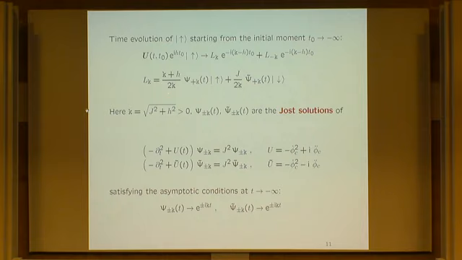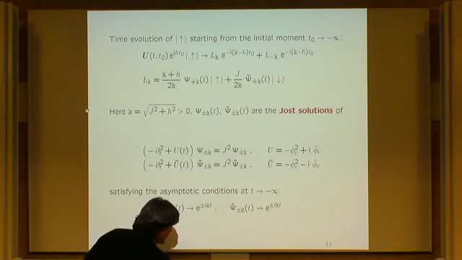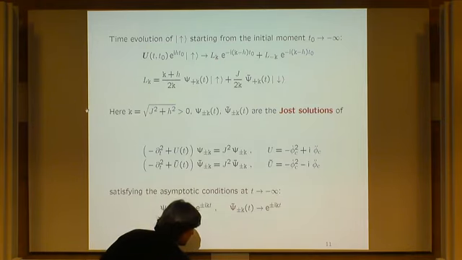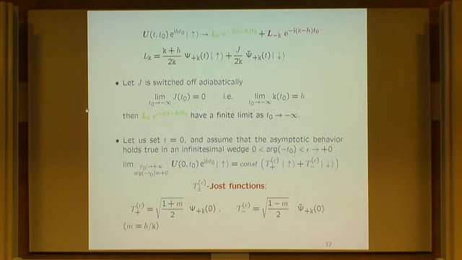What's really important, I should emphasize, is that this potential is not fast decaying. U decays to minus h squared when t goes to minus infinity. This is most important for us, because it makes the problem much more complicated. I'm sorry, probably this is wrong. It should be k plus h.